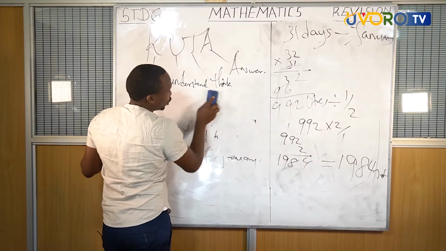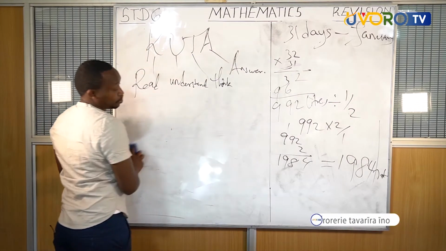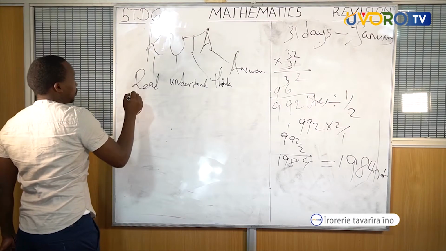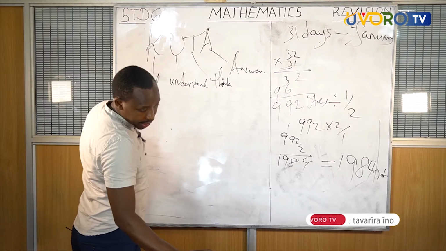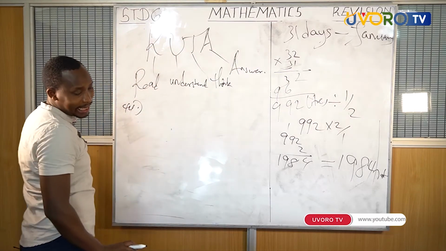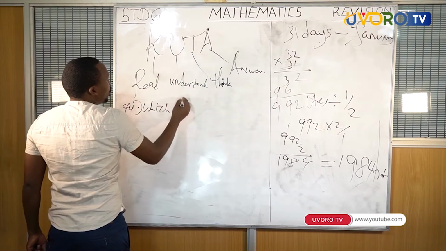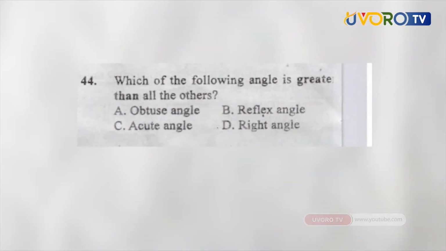Question number 44. That is where we are. Which of the following angles is greater than all the others?